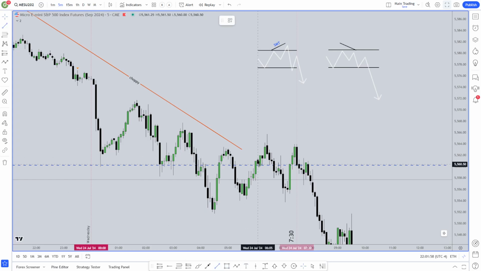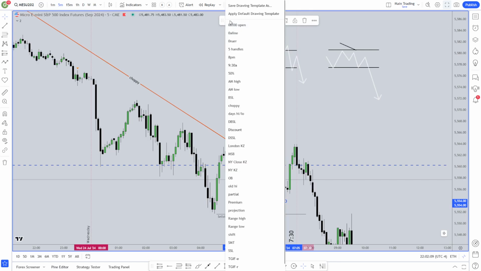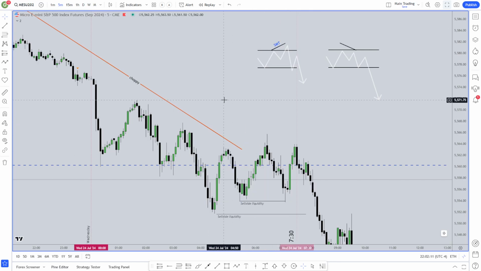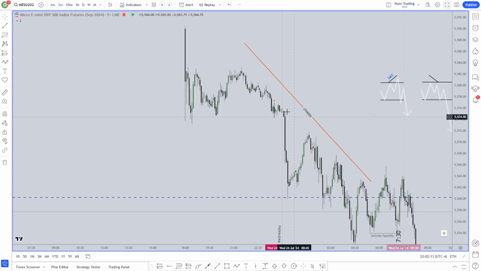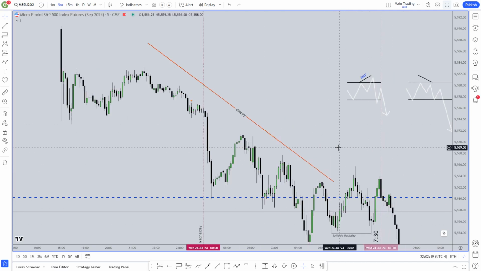And from a liquidity standpoint, we have this low, and we have this internal low. And if there was a desire, think of it as an Asian range with a London normal protraction, I want to go bullish.